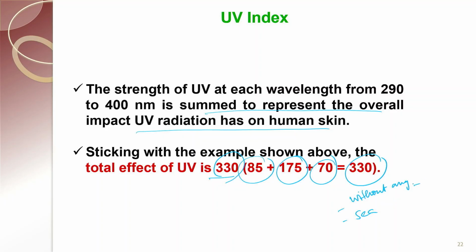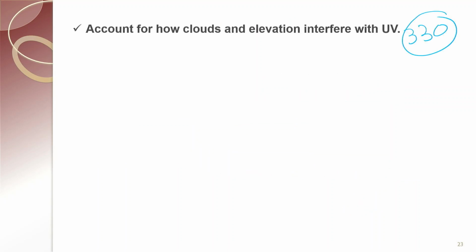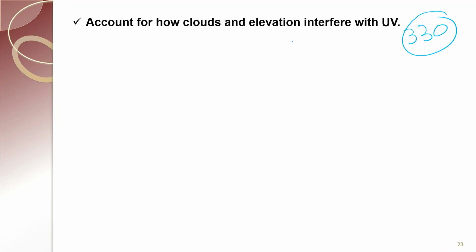If we go to a higher altitude, at higher elevation, the UV intensity will increase. So, UV intensity will increase with the altitude, and with the cloud cover the UV intensity will be reduced. So, these effects we should take into account for our calculation.